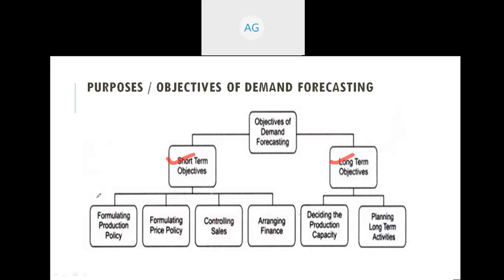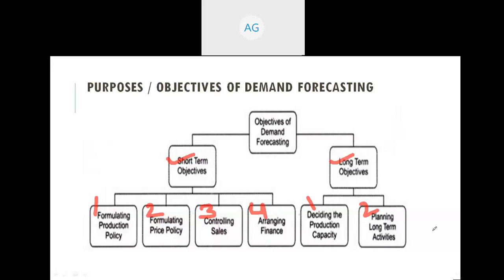The first is formulating production policy, then formulating price policy, then controlling sales, and last is arranging finance. And the long-term objectives are further divided into deciding the production capacity and then planning long-term activities. So let us discuss these in detail one by one.